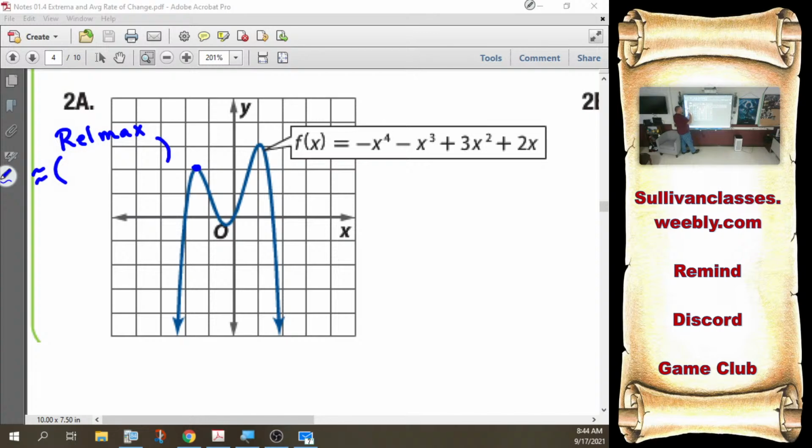And then you give me approximately, because unless it's an integer value, you are cutting off part of the answer. Same here. Same here. I know this is a relative minimum. I'll say approximately here. This one, it is the highest that the graph ever goes, so I know that it's a absolute maximum. Okay.